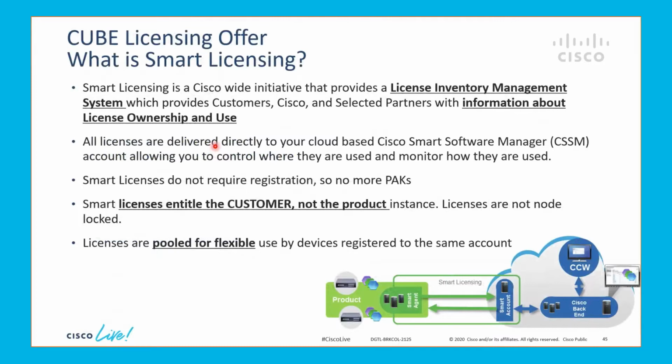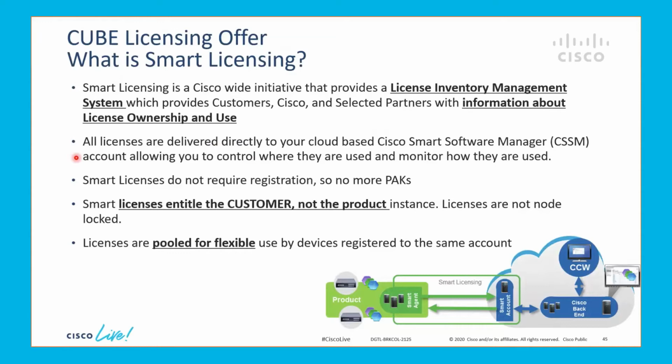We have migrated Cube right-to-use licenses, which used to be paper licenses. Cube licenses did not require installation on the box, and it was just a piece of paper you used to get with the authorization enabling you to use Cube on that particular box. Smart licensing by default entitles the customer and not the product instance. No more packs are required, and it provides a pooling or flexible option.